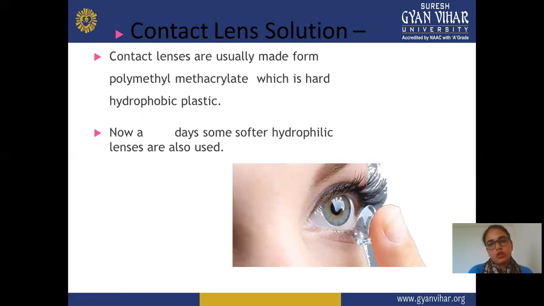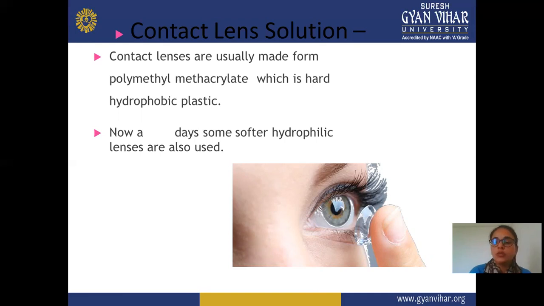The next formulation is contact lenses. This is also one of the formulations. We can say that it's not for a therapeutic purpose, but nowadays some contact lenses are also available for therapeutic purposes. These contact lenses are mainly used by persons instead of eyeglasses, because they provide good vision and no specialized or trained person is required for installing them.